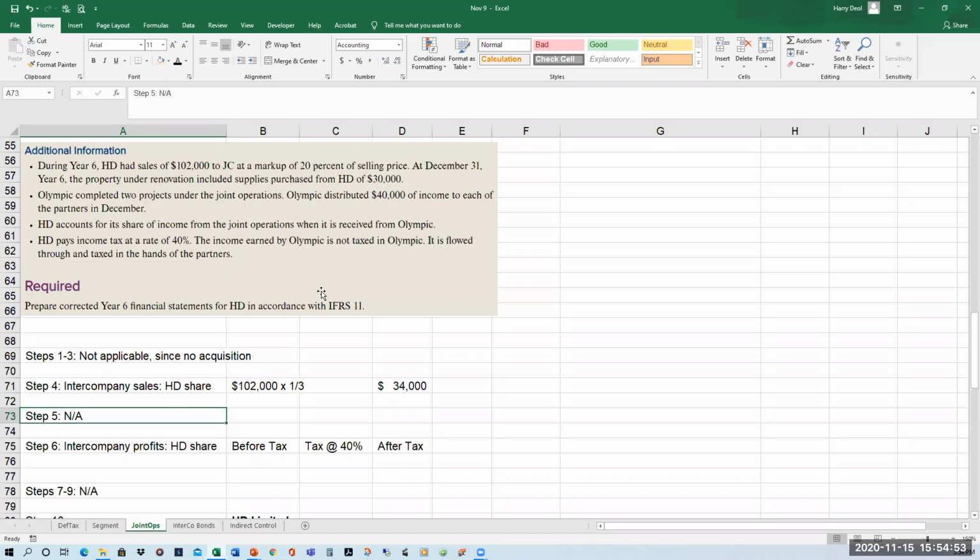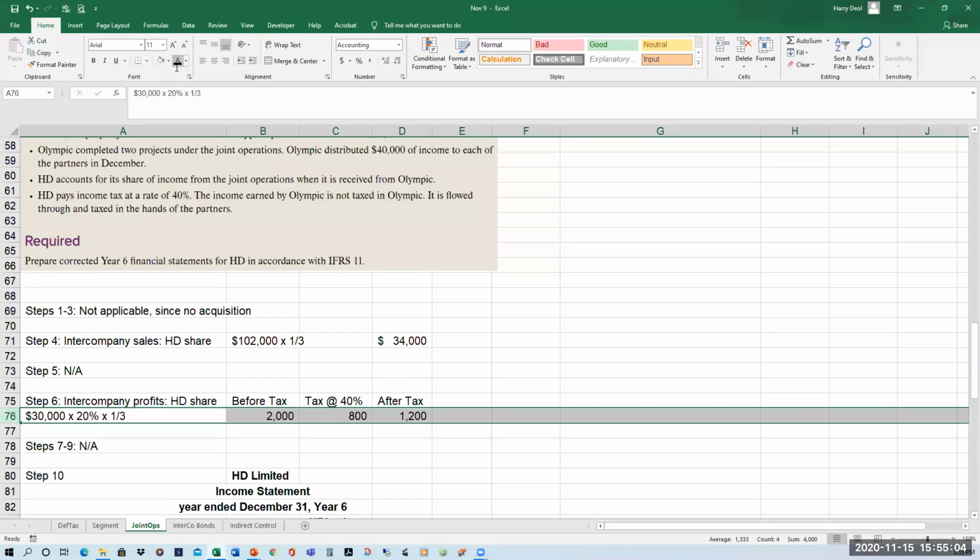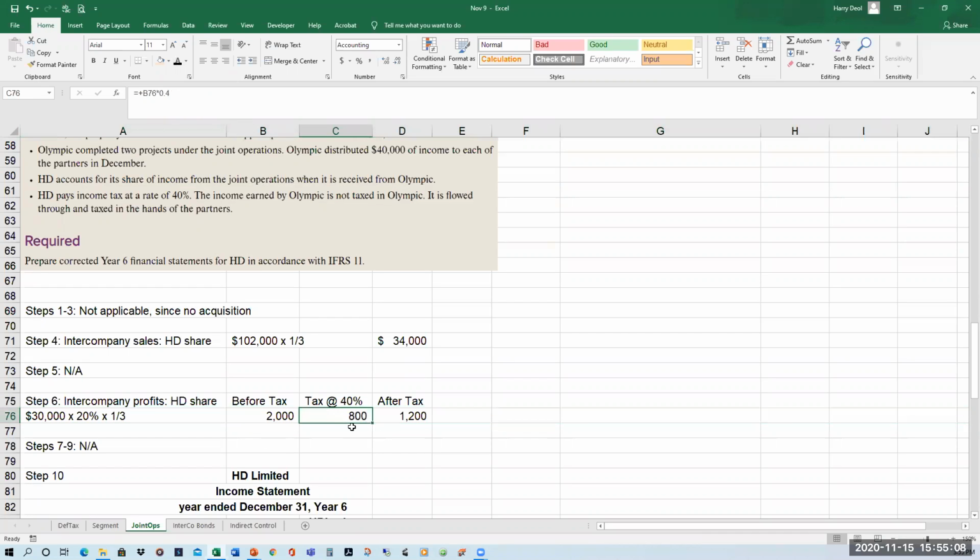HD is only going to adjust for its share. Proportionate consolidation is you pick up your share only. So 1/3 of the $6,000 profit, $2,000 before taxes. Tax of 40% is $800. After taxes, $1,200. So that needs to be adjusted as far as step 6 is concerned.